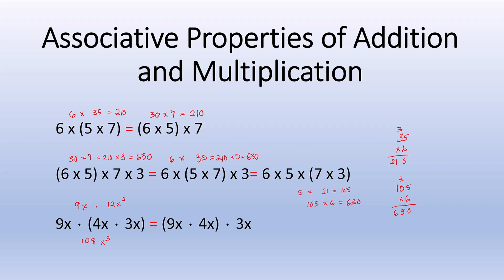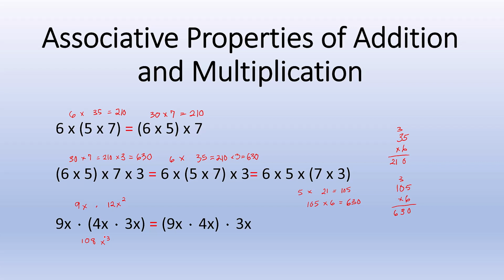Now if that was a little confusing, that lets you know that you probably need to go back and review how to multiply variables together. Here, because I multiplied x times x times x, I end up with x to the third power.